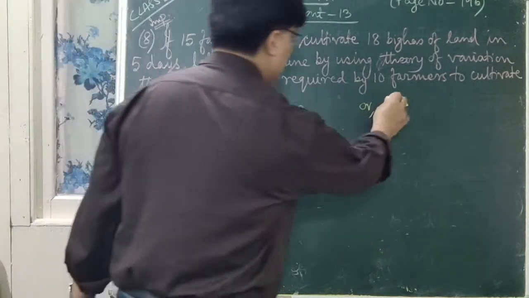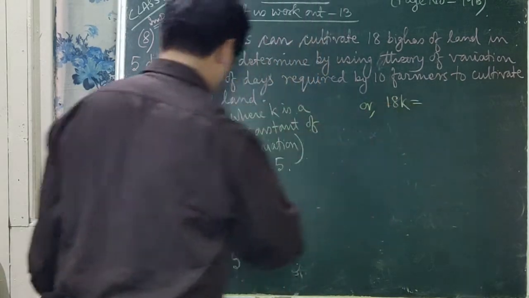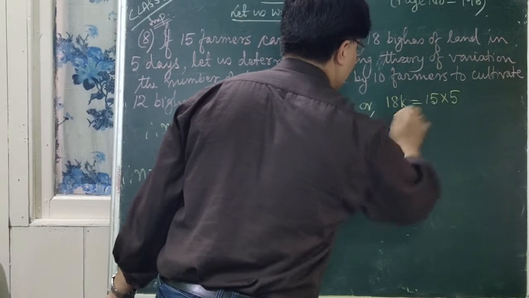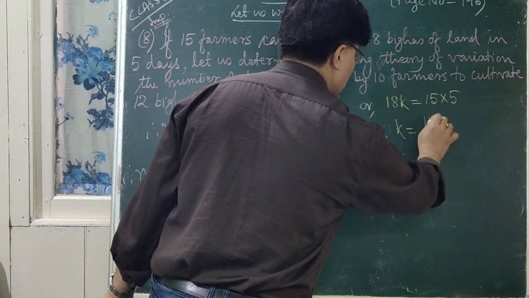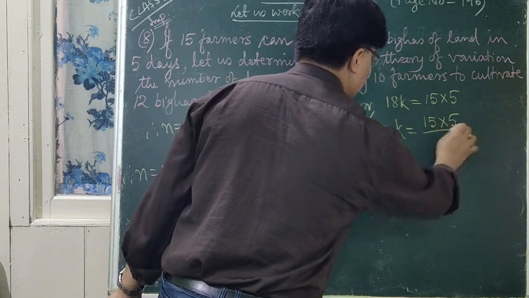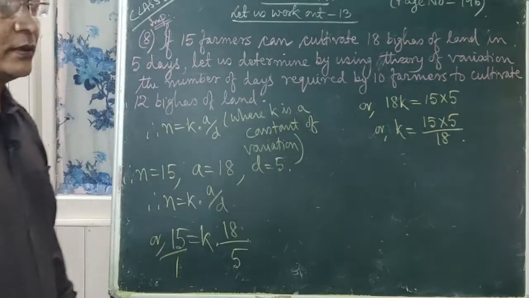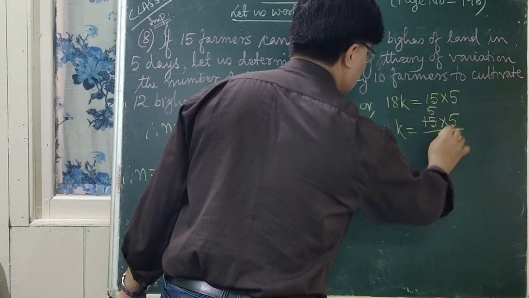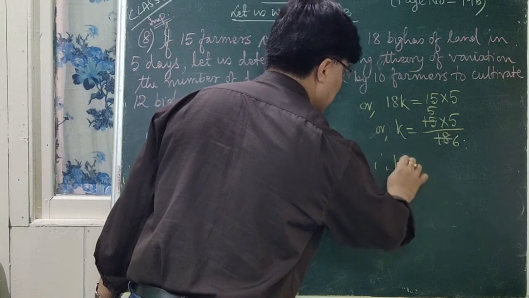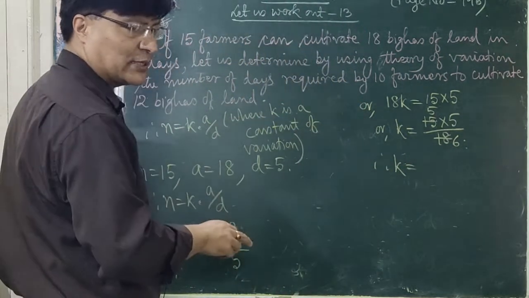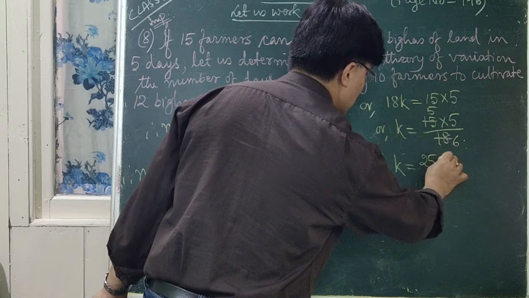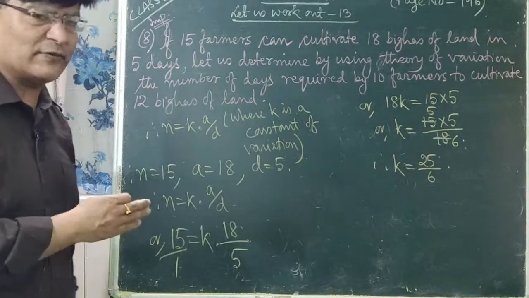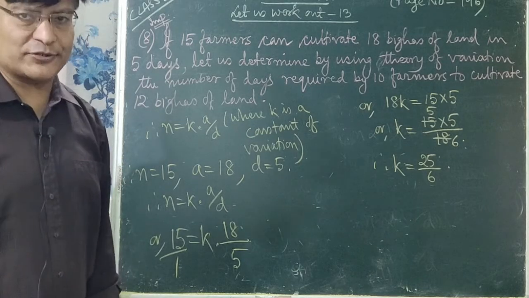So 1 into 18K, that is 18K, is equal to, on the right hand side, 15 into 5. Or K is equal to 15 into 5 divided by 18. So you can cancel here 15 and 18. 3 5s are 15, 3 6s are 18, right? So this is 25 by 6. That is, what is the value for K out here? That is, constant of variation K is equal to 25 by 6.